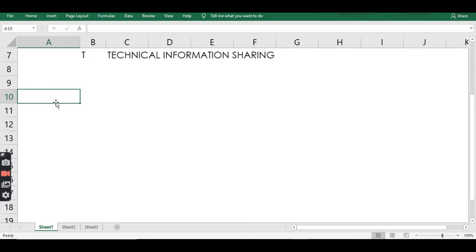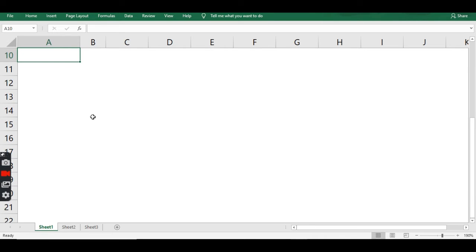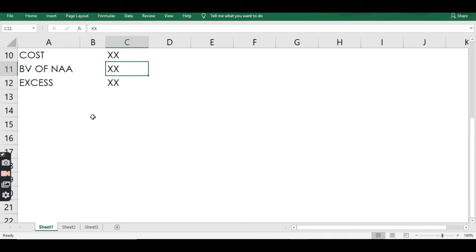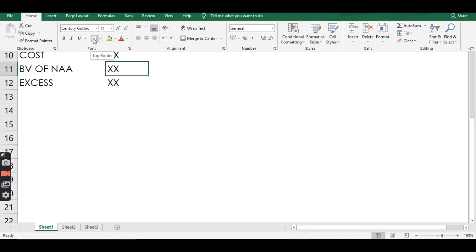O, diba? Ang gagawin natin, kunin mo muna yung cost. Okay? So, yung cost natin, recognize mo dito. Ang next mong gagawin dyan, kukunin mo yung book value of net assets acquired. Okay? Babawas natin yon. Ang lalabas dito, may lalabas na excess. Okay? Lagyan natin ng linya para hindi nakakalito.